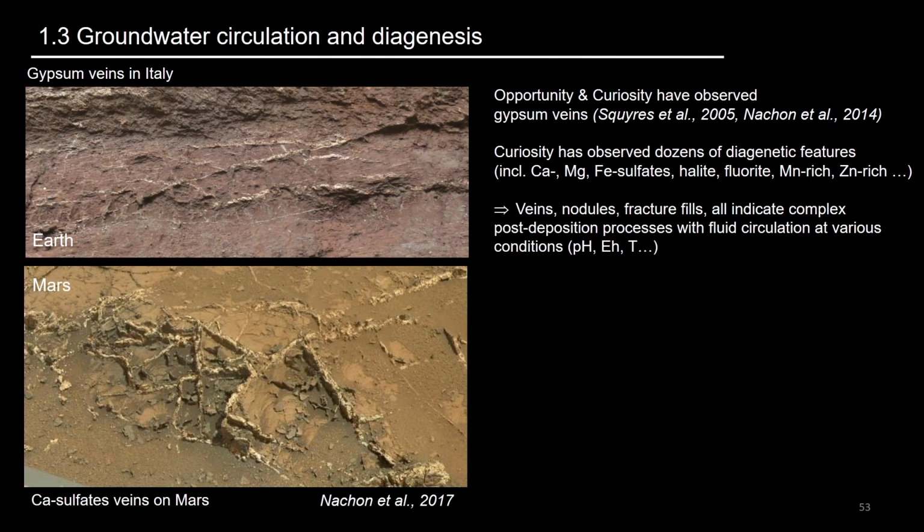So the rocks have been really submitted to groundwater circulation and even hydraulic fracturation at Gale Crater, and a lot of circulation producing the precipitation of sulfur-rich material as calcium sulfate, not only because in some cases we see halite, fluorite, manganese-rich, zinc-rich concretions all along together with calcium sulfate veins.